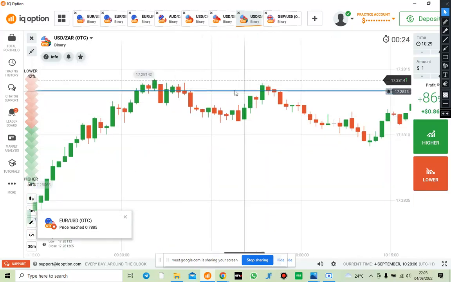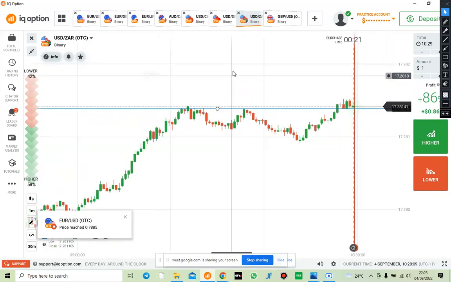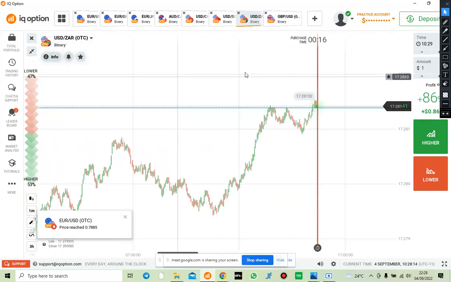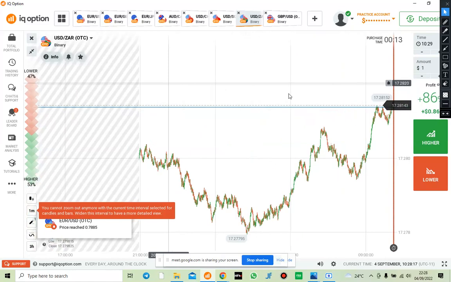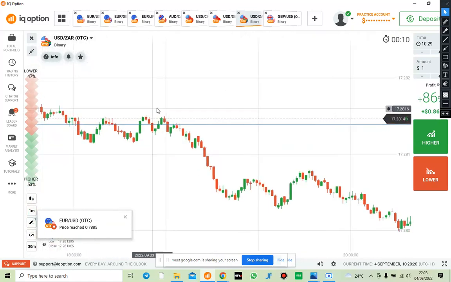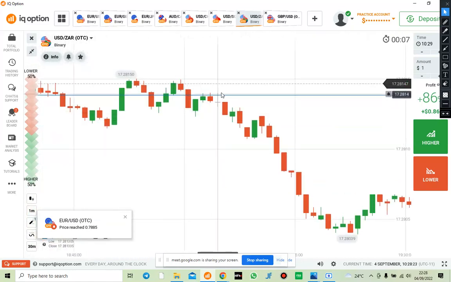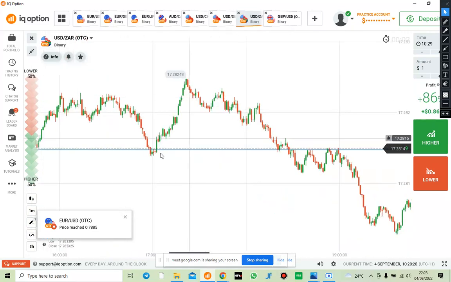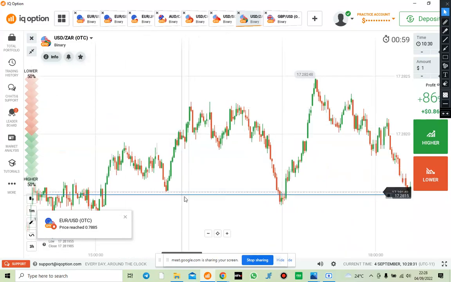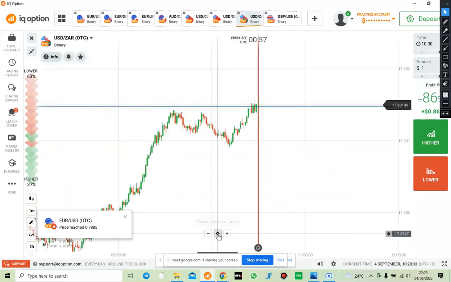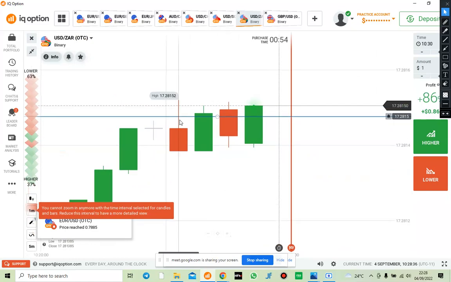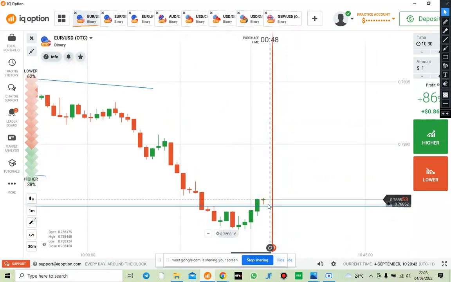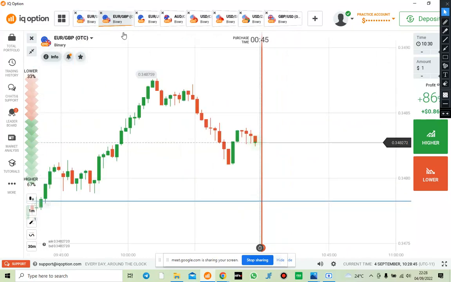But according to the price movement, I can see some reversal sign here, a support, resistance, here also support. That is why the market reverses here. On EUR/USD, where the market reached the key level, it doesn't show anything.